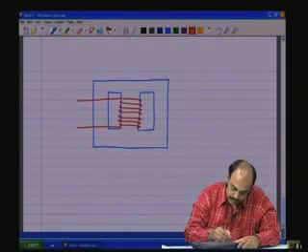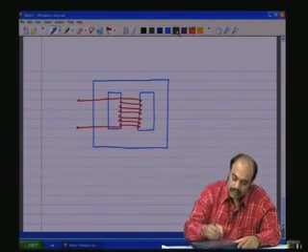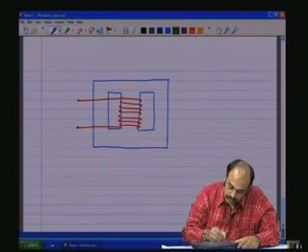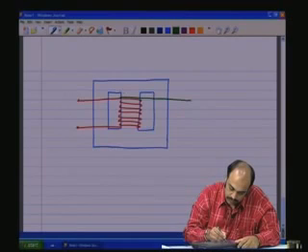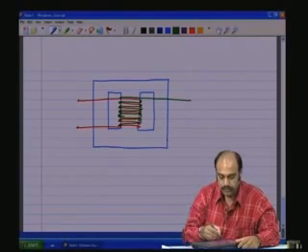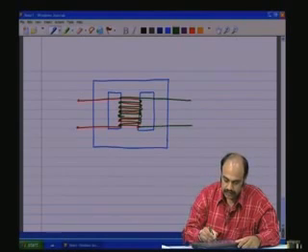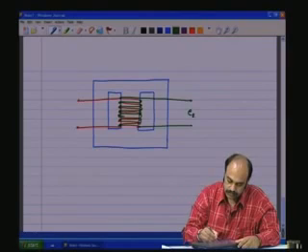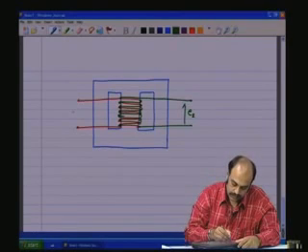So, let us say this is the primary and the secondary is also wound onto the same central limb, wound one about the other with an insulation layer in between. So, this would be the secondary. This is the E2, this is E1.